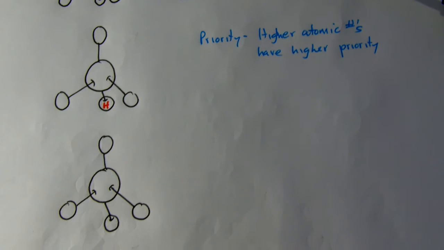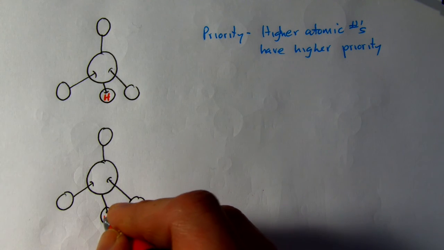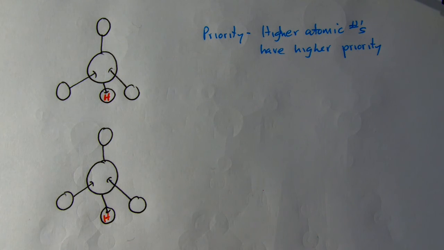I'm sorry. Now we have these two isomers here, or they will soon be isomers here. And we're going to draw H. And we draw the H in the back because that's actually a very good trick to learn when you're doing R and S configurations. Okay, so now what we're going to do is we're going to attach just some really simple things here.